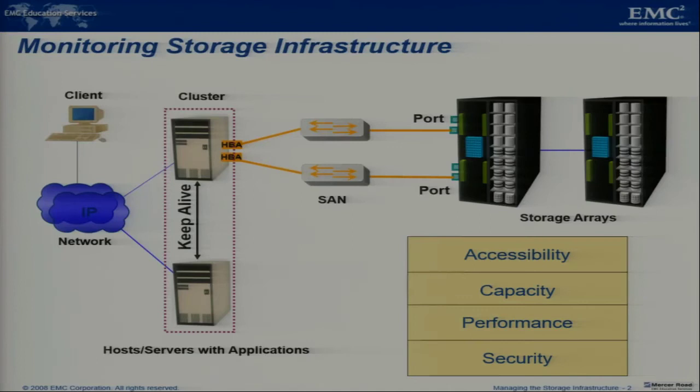This helps us to monitor the accessibility, capacity, performance and security. So these are the 4 parameters on which the monitoring of these resources has to be done. Monitoring based on accessibility, capacity, performance and also on security. These are the most important 4 parameters on which monitoring of the storage infrastructure is done.